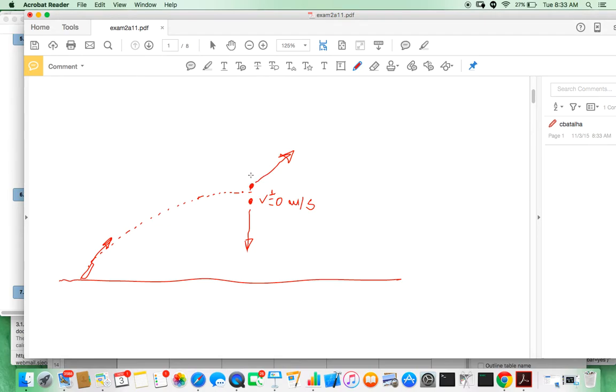This is fragment number 2. Okay, so there are two fragments, 1 and 2. So we don't know exactly what happened with this. We don't have a lot of information yet. But it is said that it starts out with an initial velocity 0 and falls straight down.